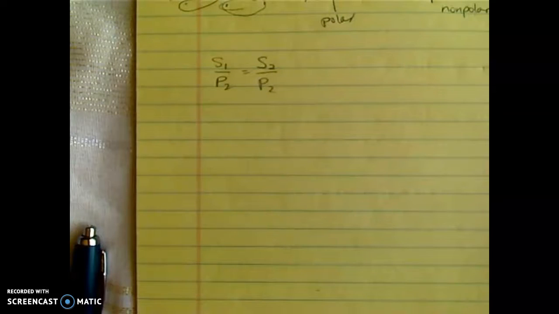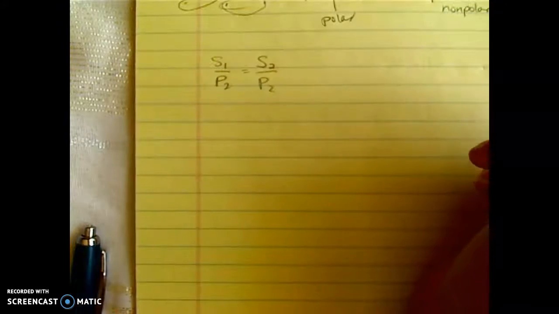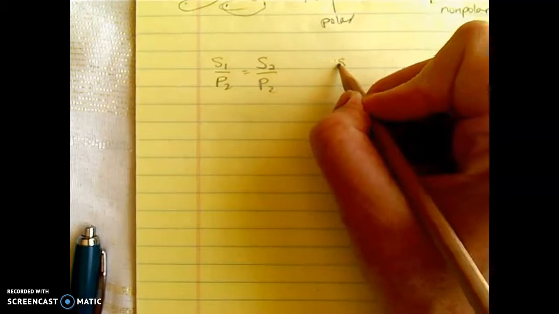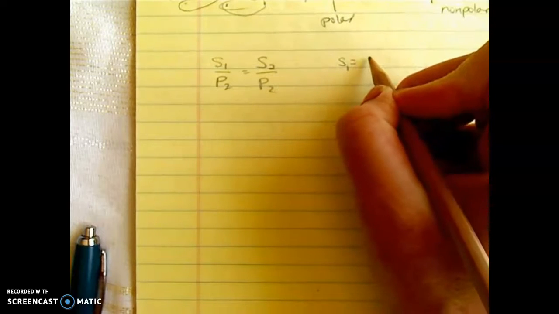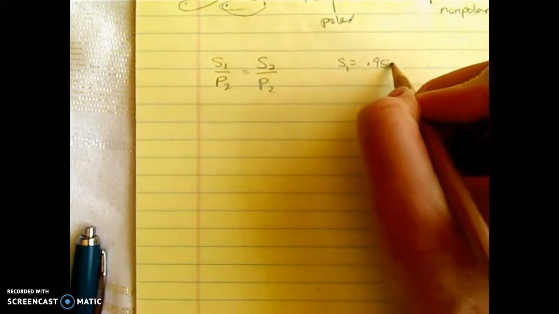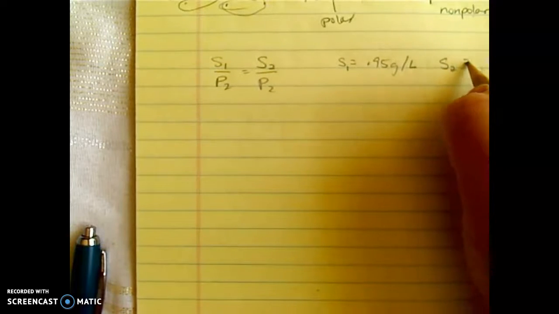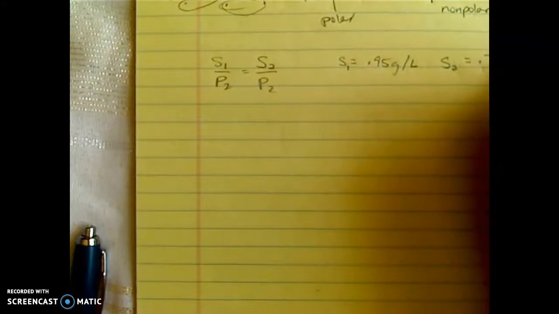So they'll give you a question where it says the solubility of a gas changes from 0.95 grams per liter to 0.72 grams per liter. If the initial pressure was 2.8, what's the final pressure? So remember, solubility does have these big units on it. So you had that solubility, and now you're at 0.72 grams per liter.